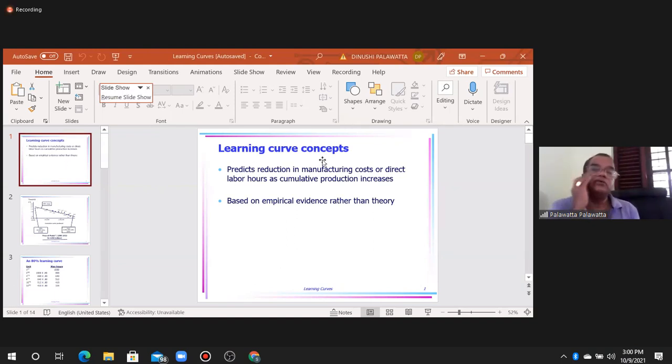Okay, learning curve concept. Predict reduction in manufacturing cost or direct labor hours as cumulative production increases, based on empirical evidence rather than theories. So the principle of learning actually came from empirical evidence. It's not theory.